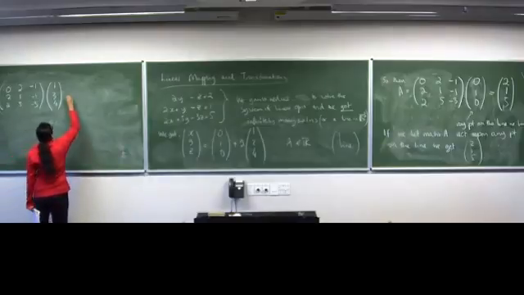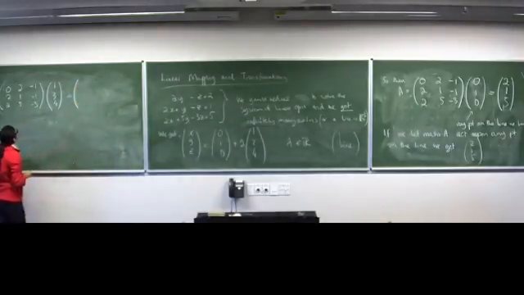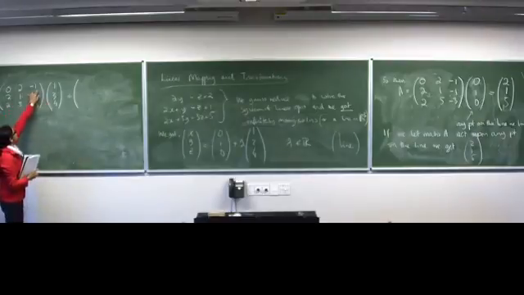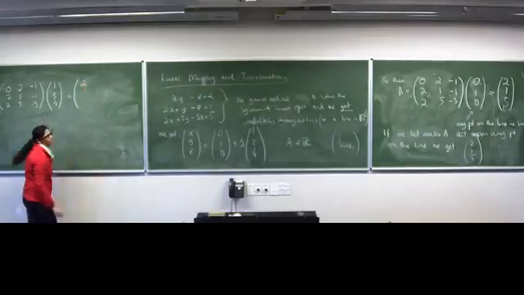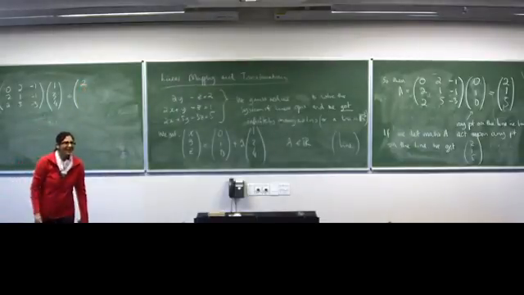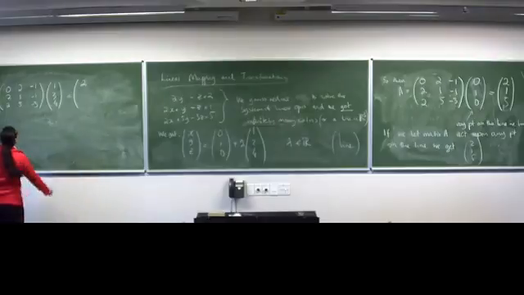What do you get? 2 times 3 is 6, minus 4 is 2.